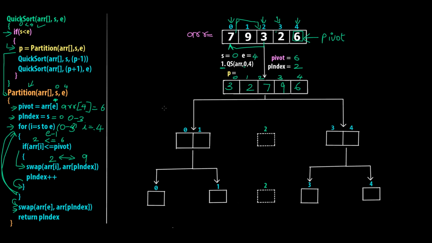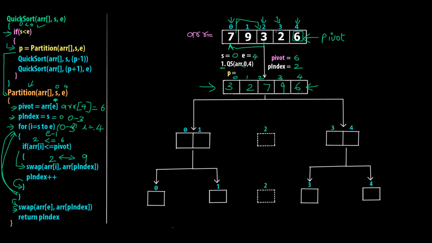If you've understood this so far step by step, we have arrived at this array 3, 2, 7, 9, 6. Our pivot value 6 is still at the end of the array. So what we did in this partition function so far is that all the elements that are smaller than the pivot value 6 we have brought to the left hand side. You can see 3 and 2 are to the extreme left.